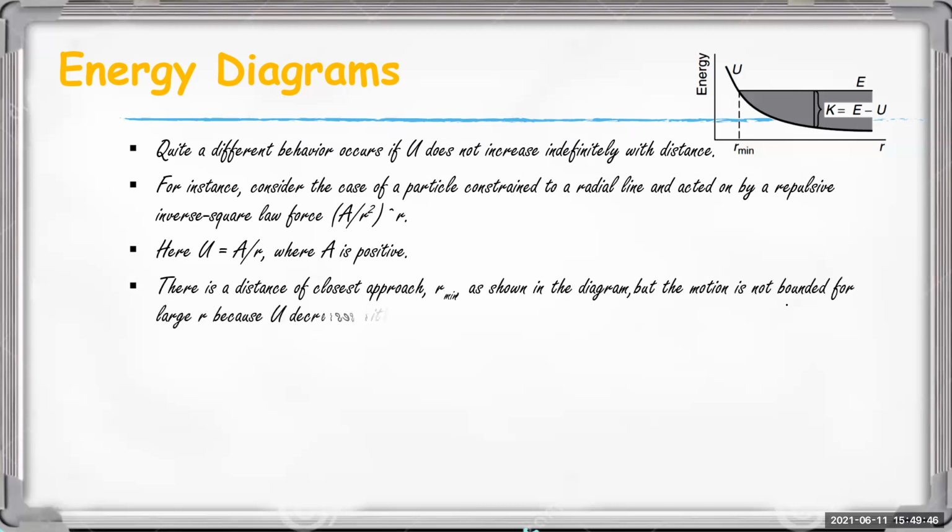In that case, there is a distance of closest approach as shown in the diagram. Here, the motion is not bounded for large r because U decreases with distance while the total energy remains constant.